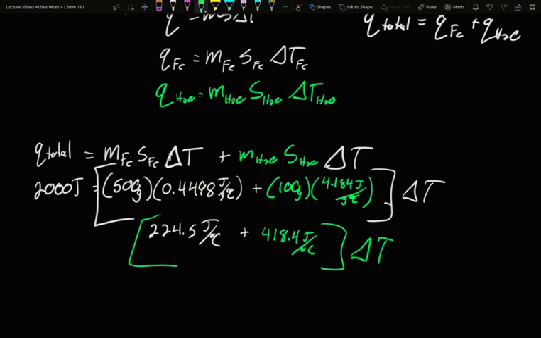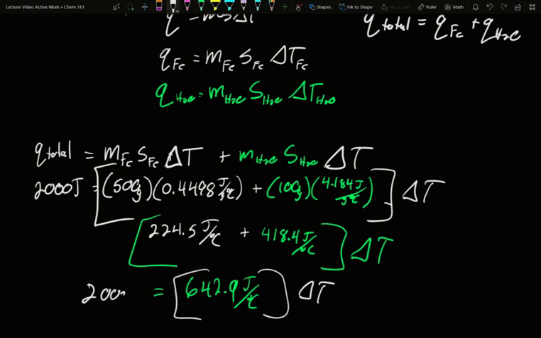We can add these together, and we will find 642.9 joules per degree Celsius. Delta T must equal 2,000 joules.